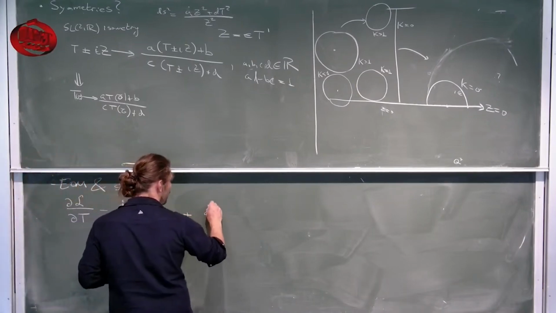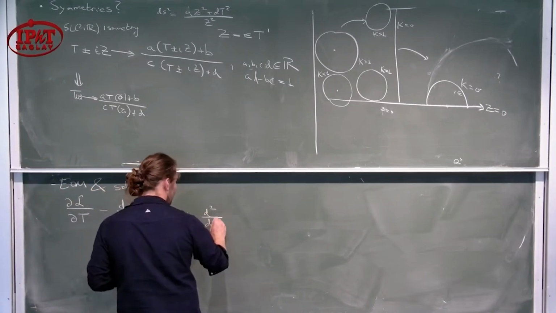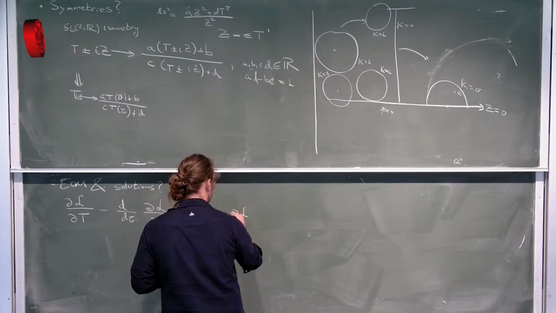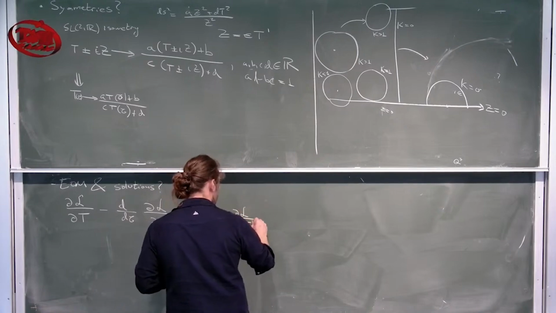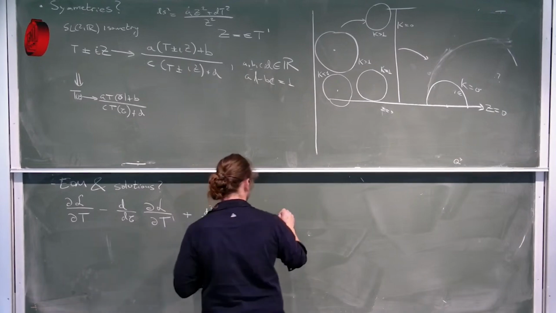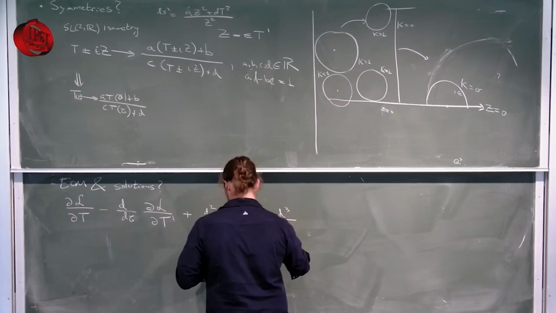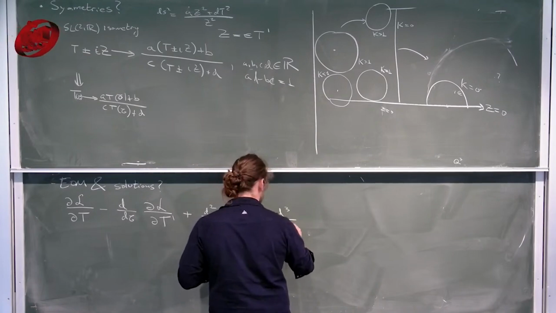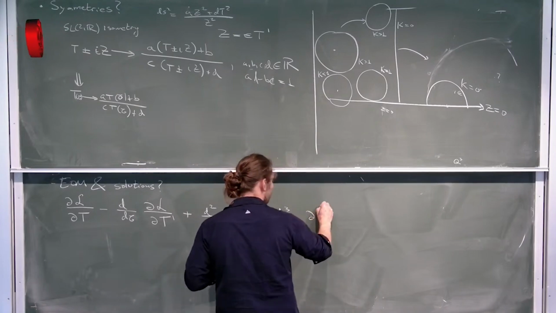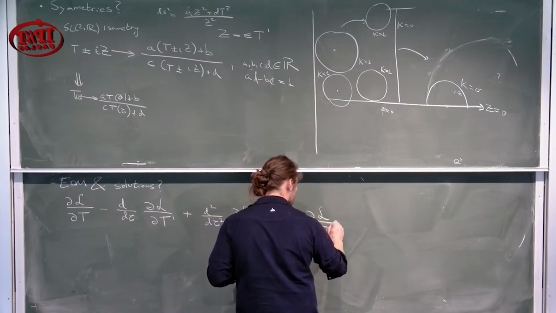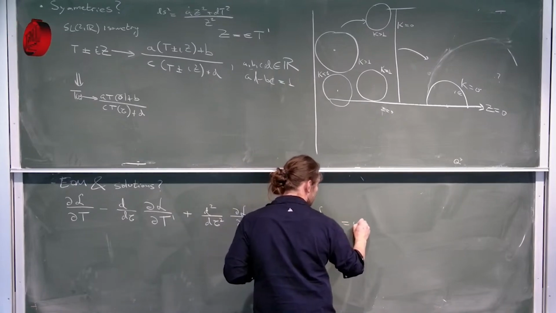But in addition, if you have higher derivative terms in the action, you have to take derivatives of the Lagrangian with respect to t double prime, and with respect to t triple prime, and this is set equal to 0.